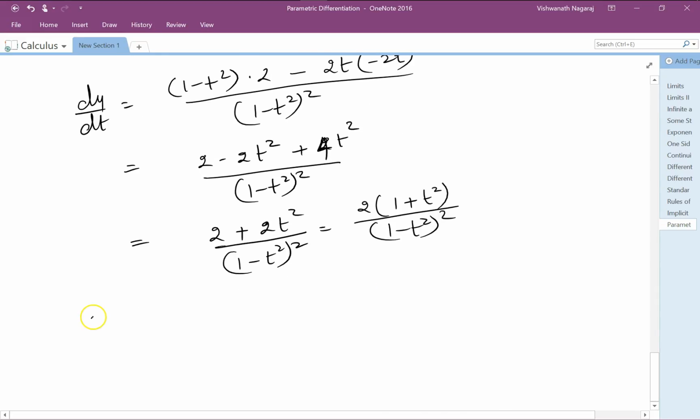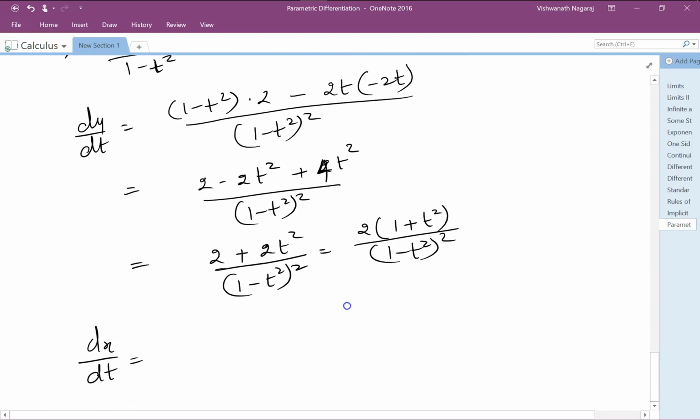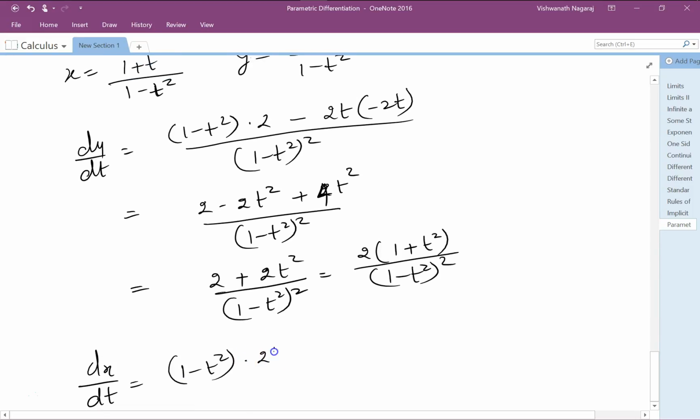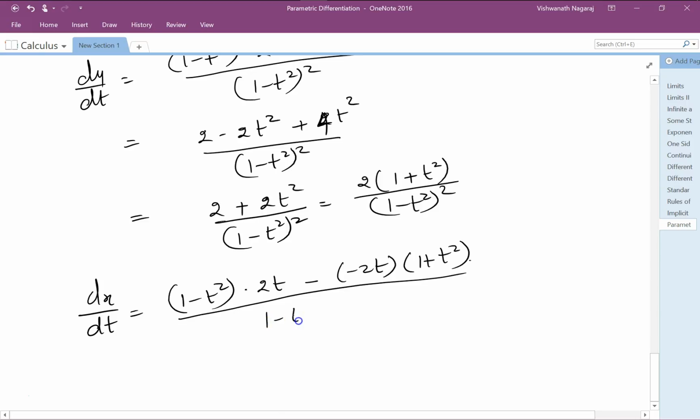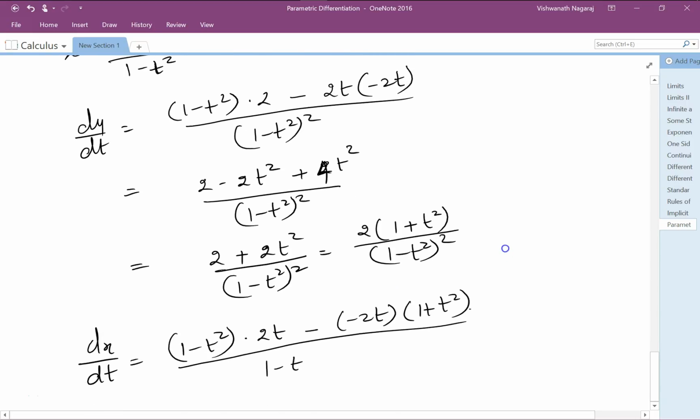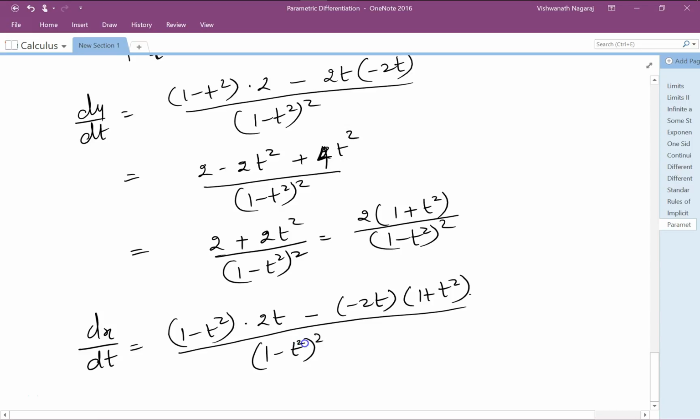Now let's take dx by dt. This is 1 plus t square by 1 minus t square. So 1 minus t square, denominator as it is, times 2t, minus derivative of the denominator, so that is minus 2t, times 1 plus t square, divided by 1 minus t square the whole square.